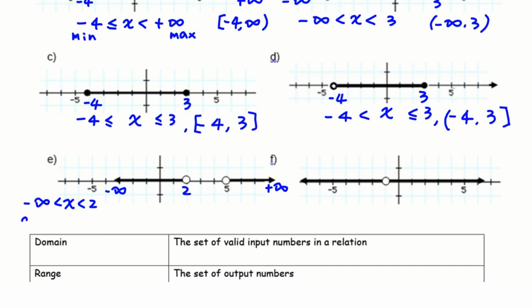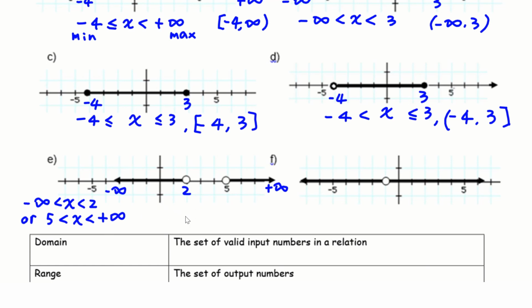And also 5 to positive infinity, minimum, maximum for this piece of the solution is 5 less than x, less than infinity. So minimum, maximum, we use less than. No equal sign, so it's not a solid dot, no equal sign.